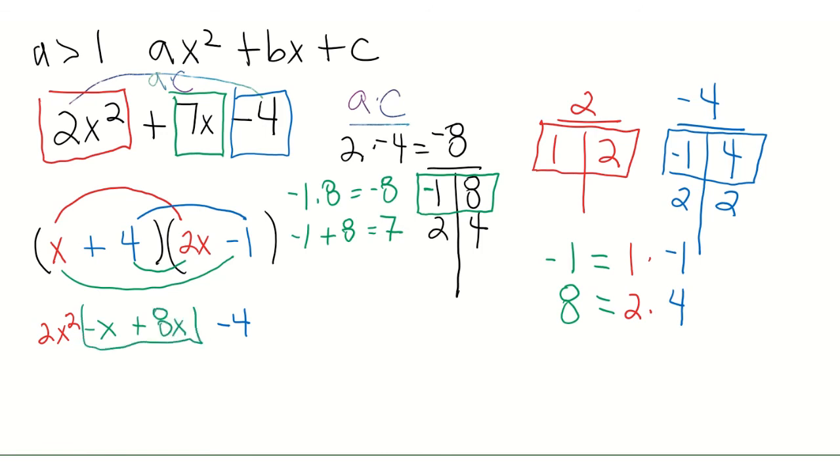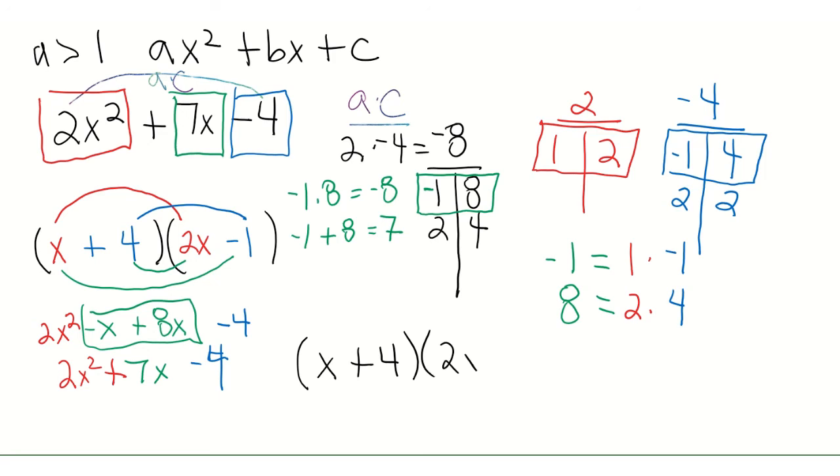Then I'm going to add these together, and that's going to give me a 7x. So I've ended up with my original equation, so that tells me that my binomial factors are going to be x plus 4 and 2x minus 1.